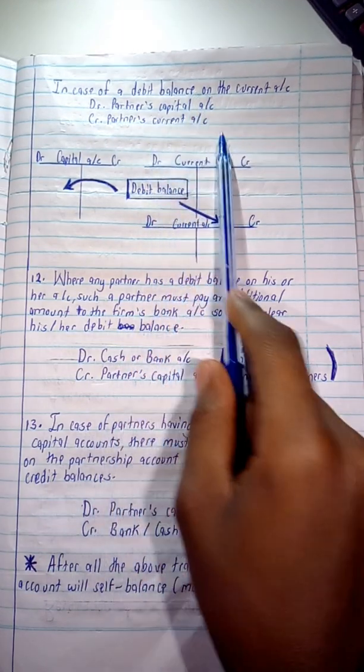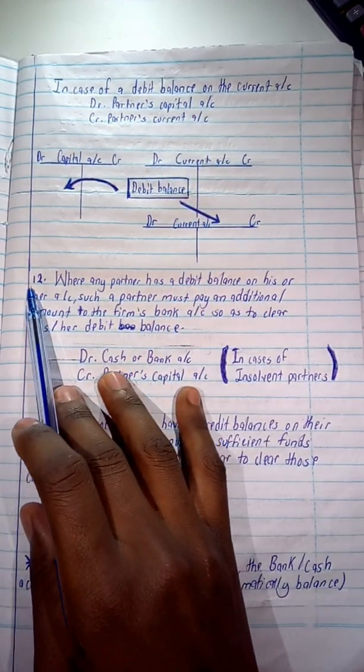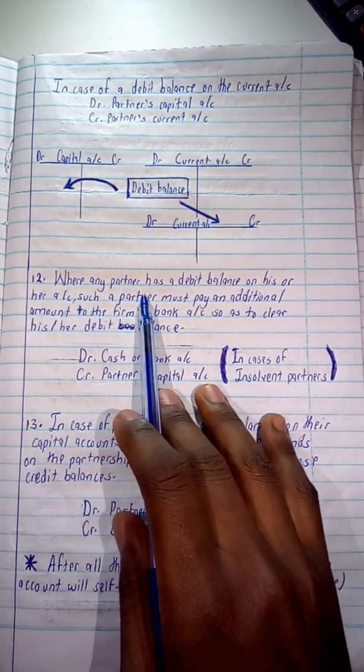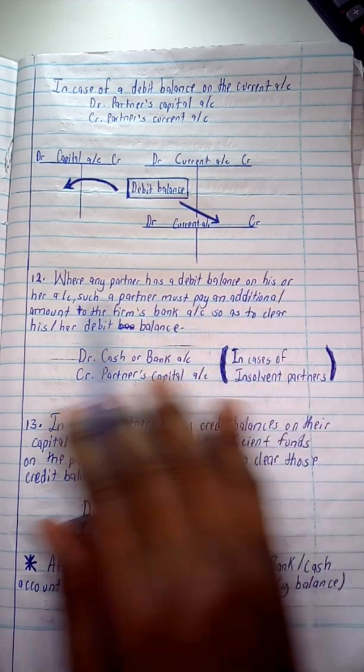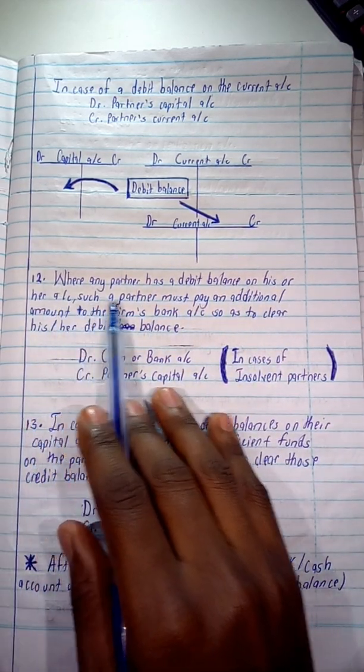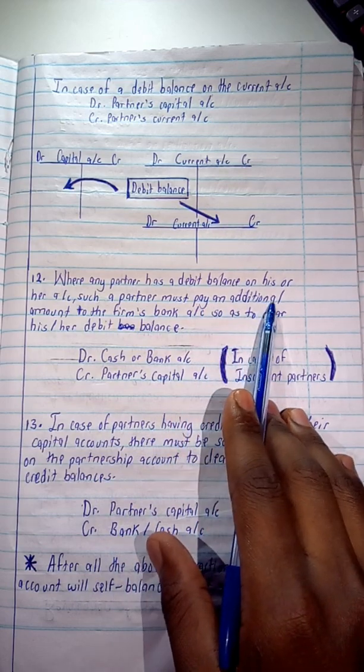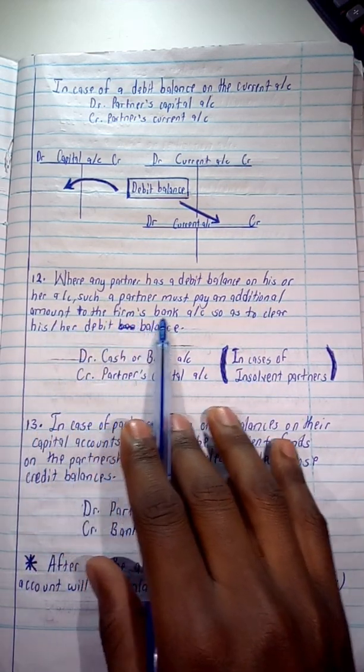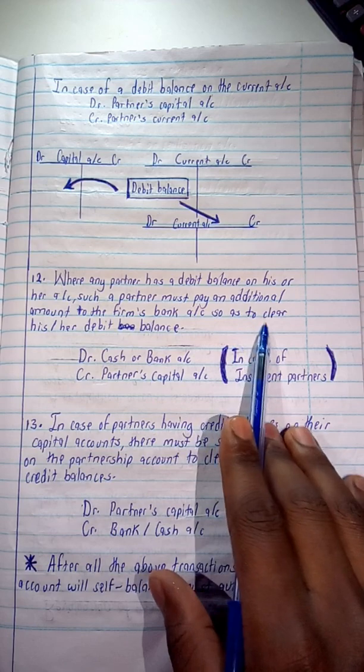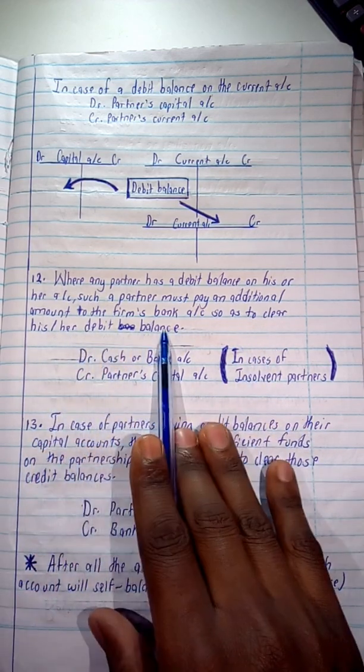Meaning I'll debit my capital account and then I credit my partner's current account. So accounting entry number 12, where any partner has a debit balance on his or her account, such a partner must pay an additional amount to the firm's bank account so as to clear his or her debit balance.